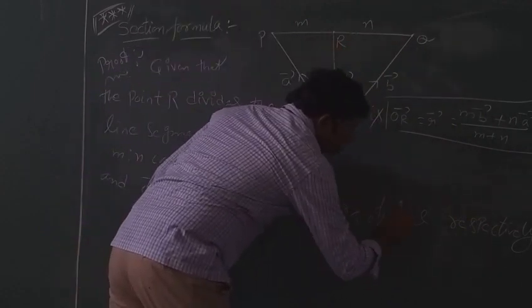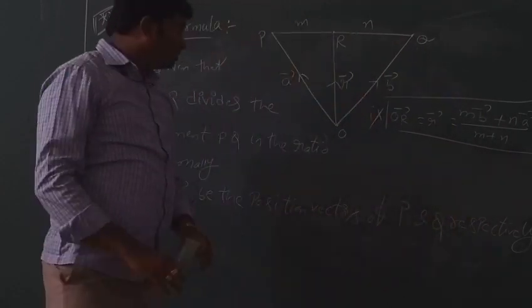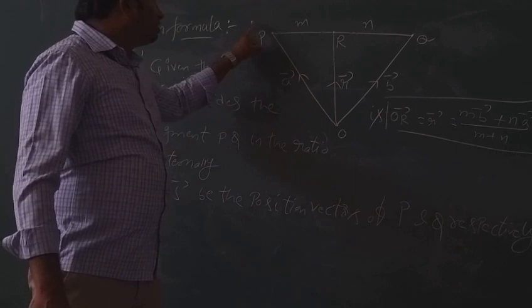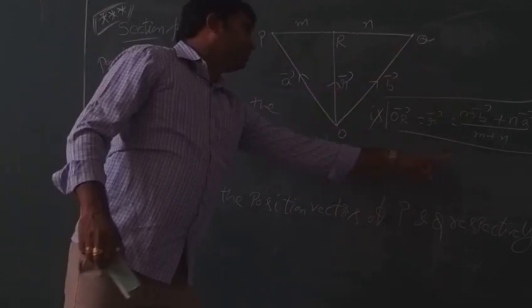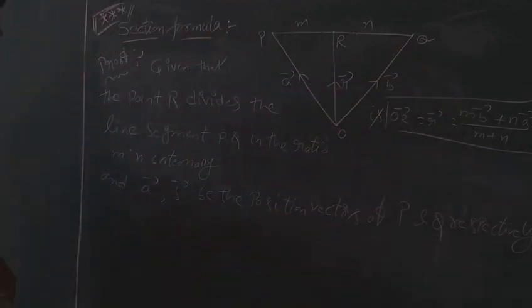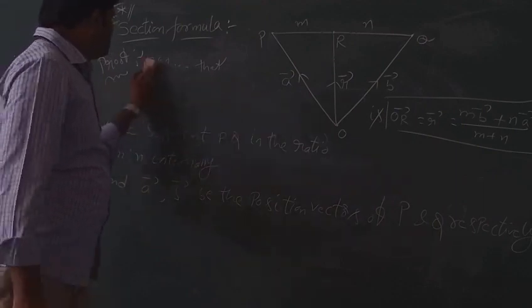The ends of the segment are not A and B, they are P and Q, so A bar and B bar are the position vectors of P and Q respectively.